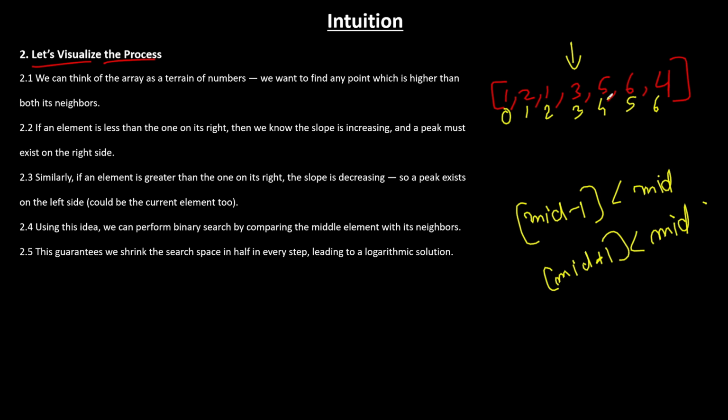We can assume that if we go to the left-hand side, this will result in much smaller values. We are assuming that. Second case, we know that mid plus 1 is greater than 3, which means if somehow we come and stand at the mid plus 1 value, which is index 4, there is a 100% chance that mid minus 1 will always be smaller than the mid plus 1 value.